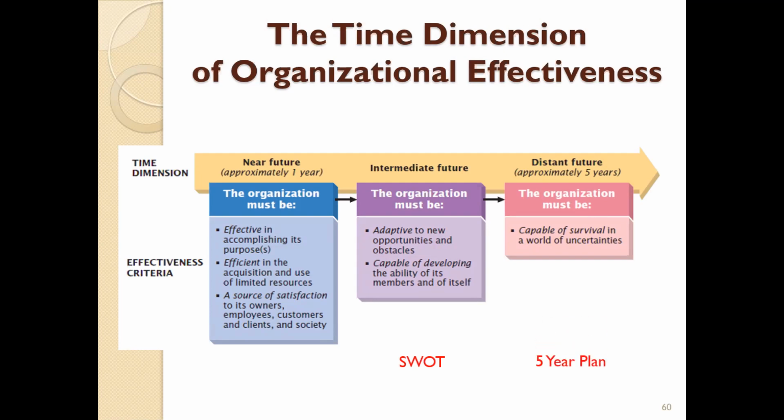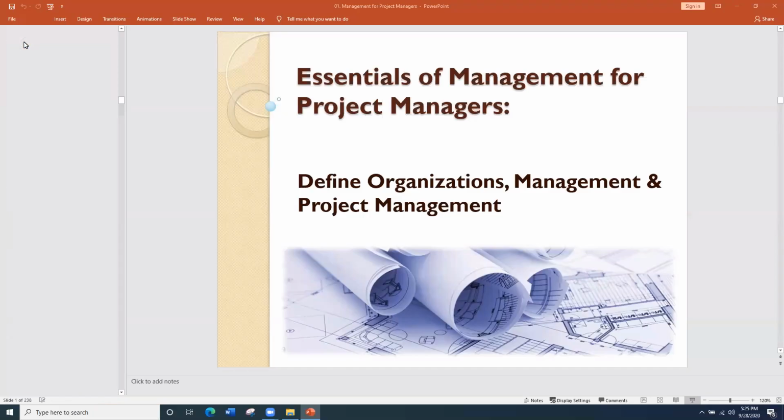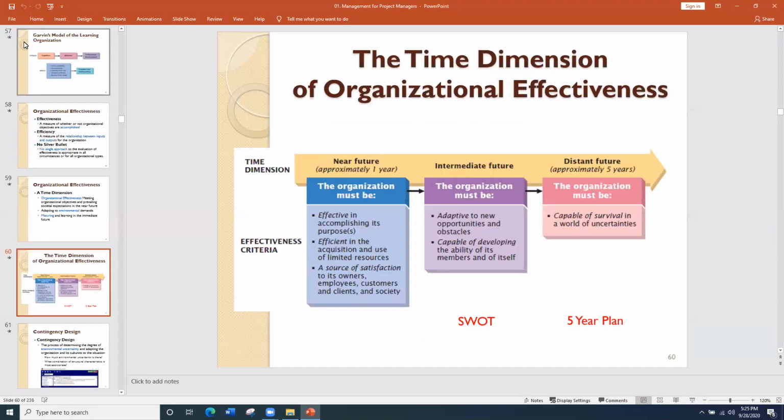So here are the terms that are popular: 5 year plan, oops, and hmm, what happened here?